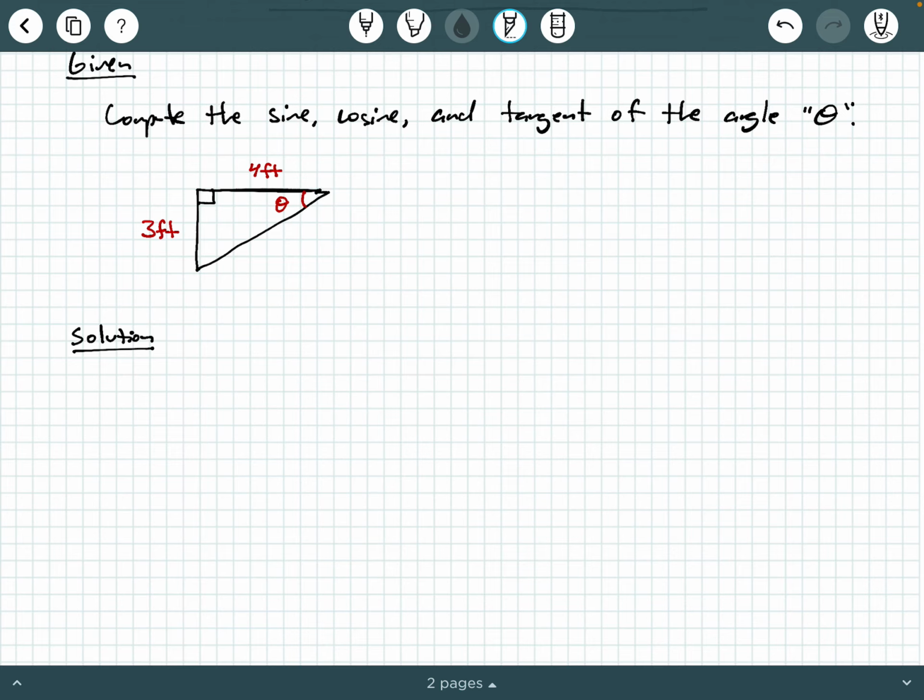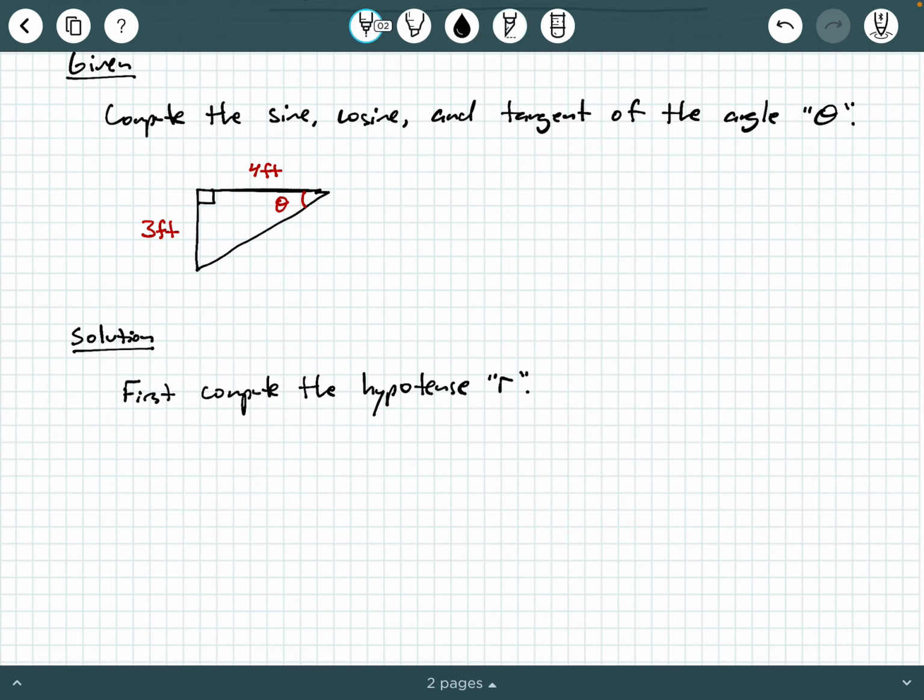We don't have that directly, but that's okay. We can figure out our hypotenuse. So the first thing we're going to do is first compute the hypotenuse r, okay? So our hypotenuse r is going to be this diagonal length right here.